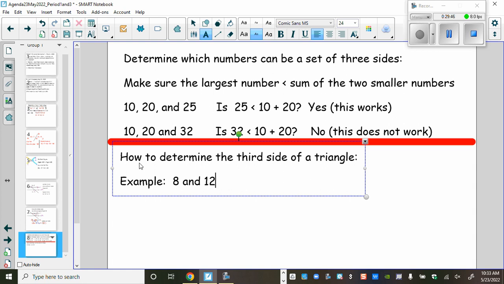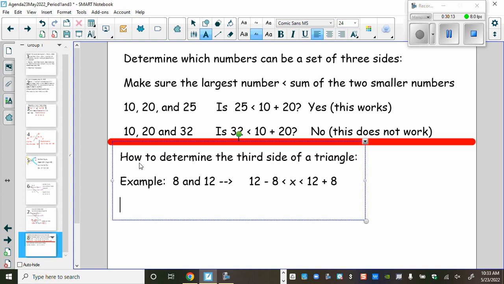So then, here's what you do. You do 12 minus 8 less than x less than 12 plus 8. And x is the third side.